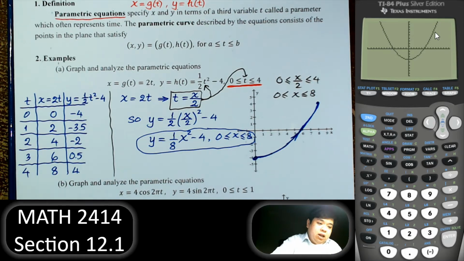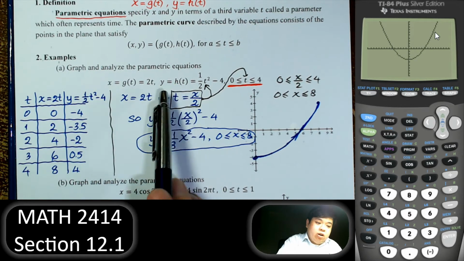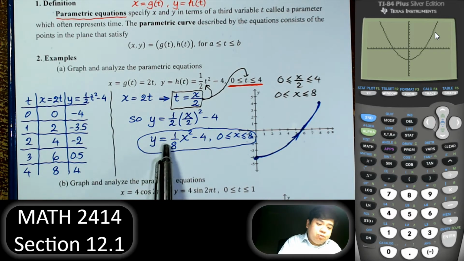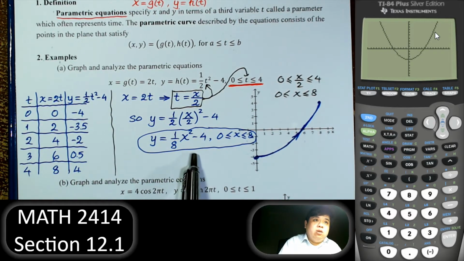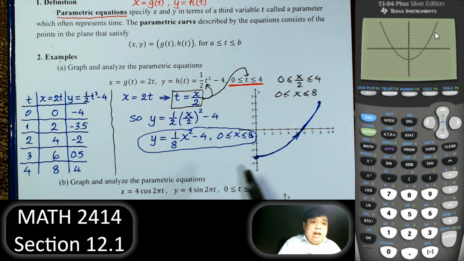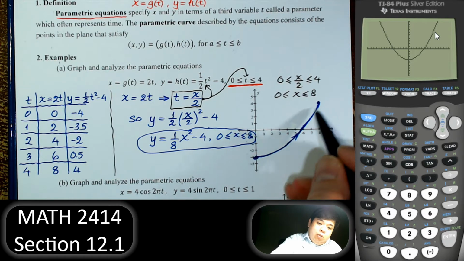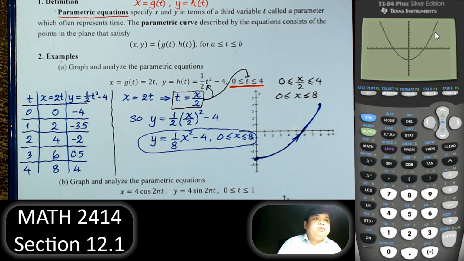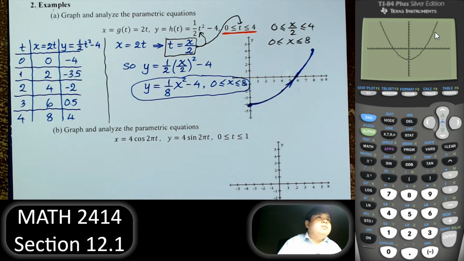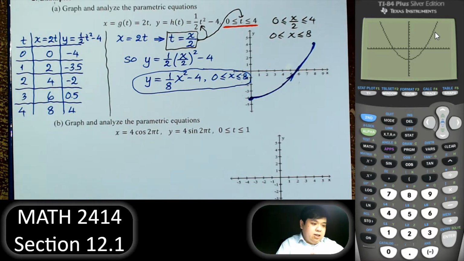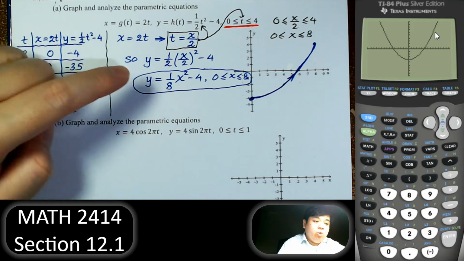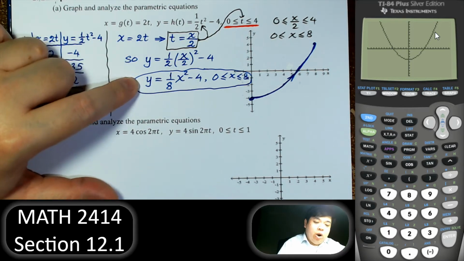But if we want to, we can convert the parametric equation into a function or the equation of x and y, and we can graph that. But in parametric equation, it is easier to see where the graph goes. So certainly we can graph it, and we can convert to an equation of x and y.